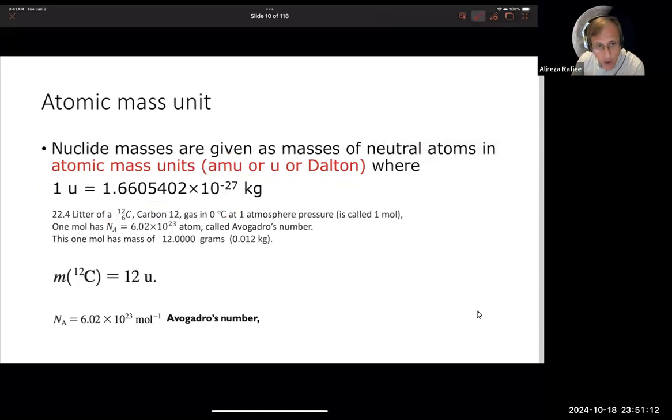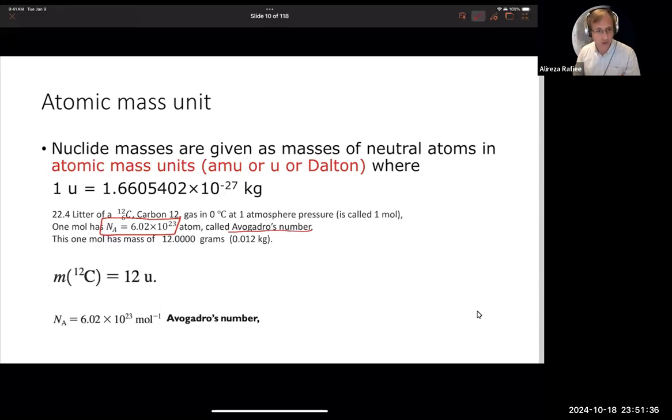We know that 1 mole of any gas has this amount of particles in it. So if it's carbon, then it has 6.02 times 10 to the power of 23 atoms of carbon in it. This was discovered by Avogadro, and so we refer to it as Avogadro's number.